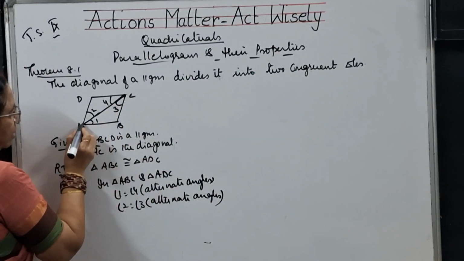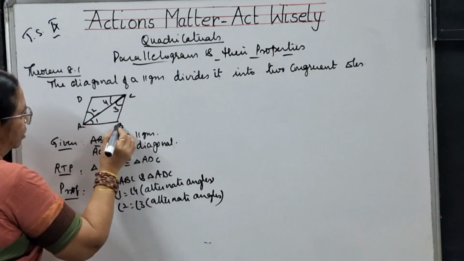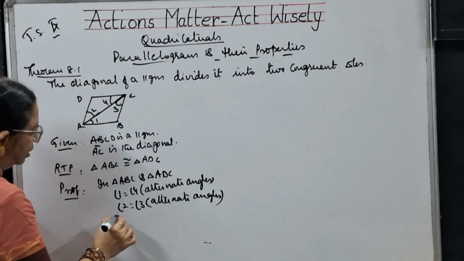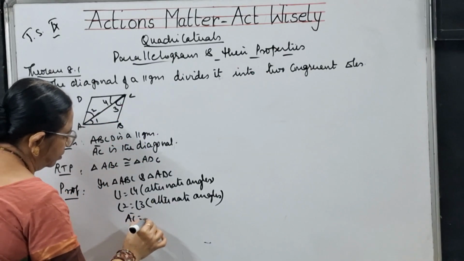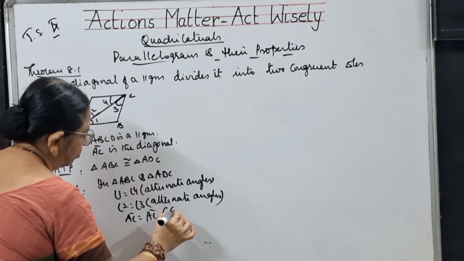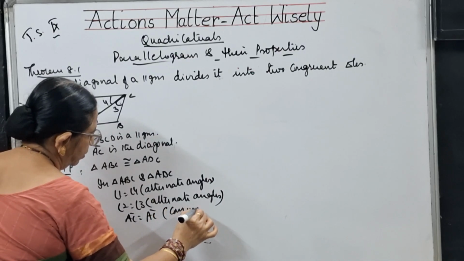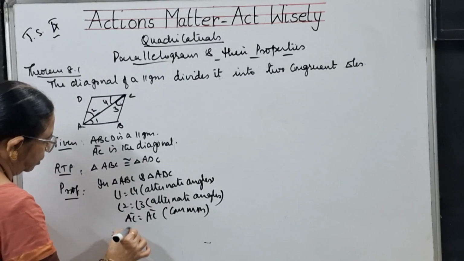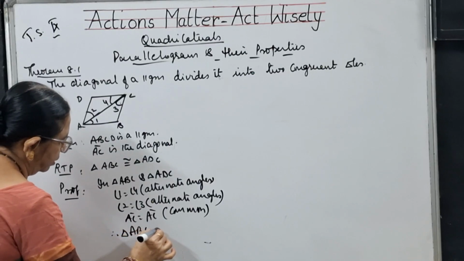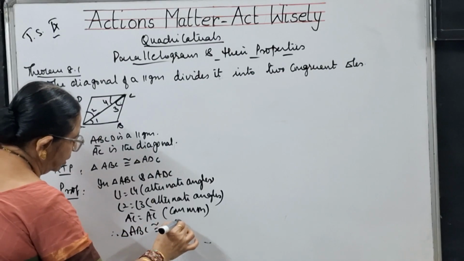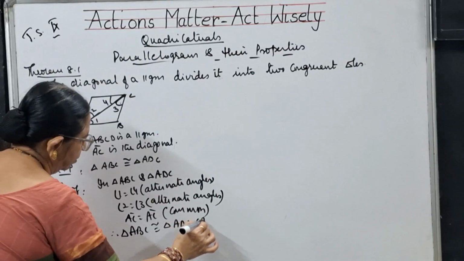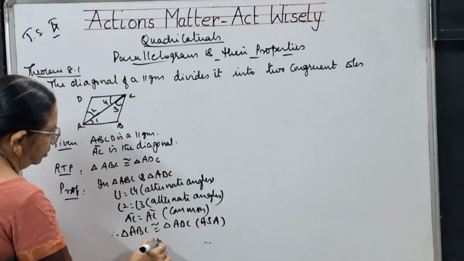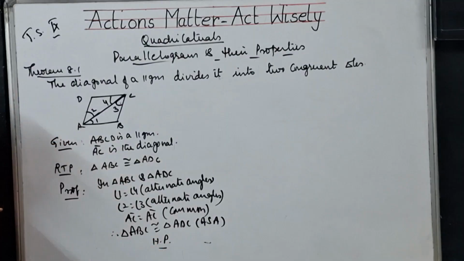See, this is a transversal, these two lines are parallel, so these two are alternate angles. And AC is equal to AC, common. It is common for both the triangles. Therefore, triangle ABC is congruent to triangle ADC basing on angle, side, angle property. So, you have proved the statement, children.